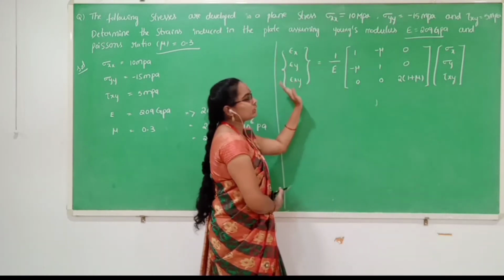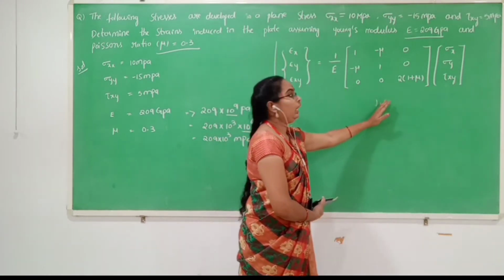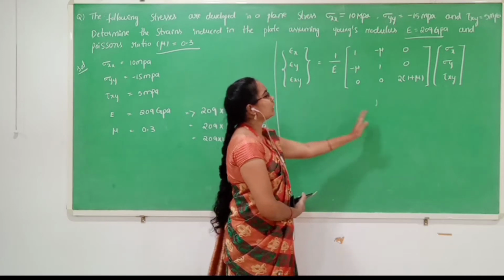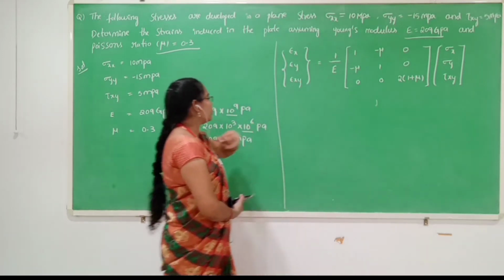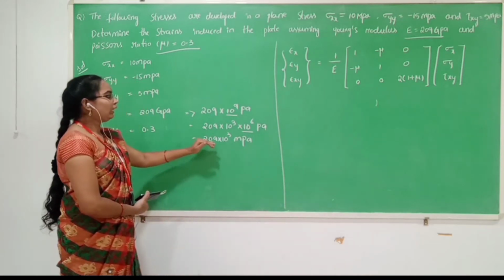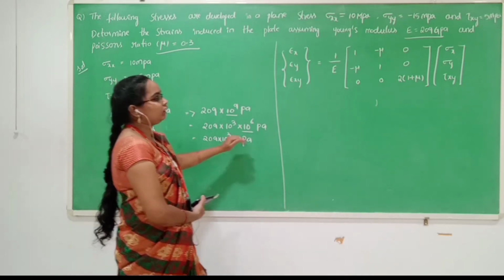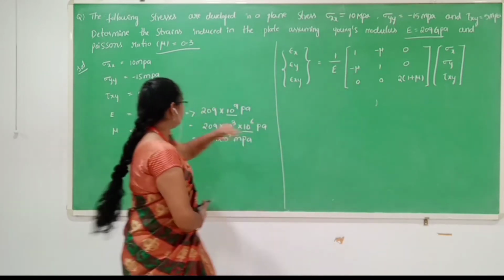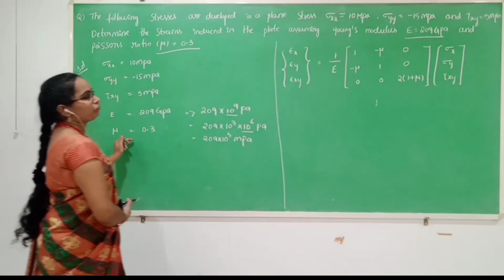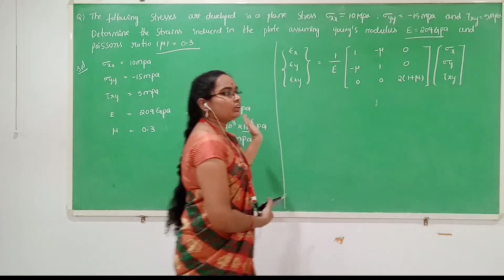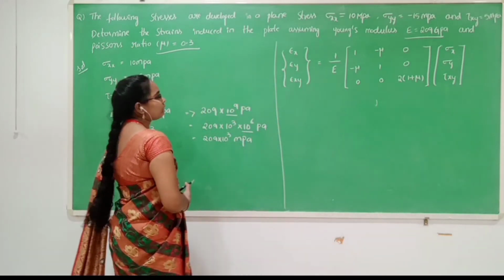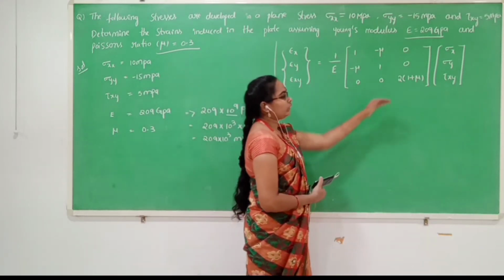E, Young's modulus, is known, 209 into 10 cube megapascal, mu value is also known, 0.3, and the corresponding stresses are also known. So we just substitute these values into this relation.